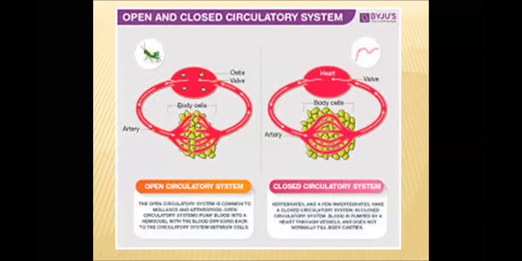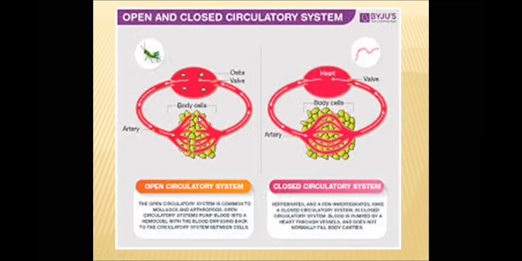If we dissect the body of an open circulatory system animal, we can clearly see the blood. But once the exchange of materials has taken place, then what happens? The blood again enters into these blood vessels. These are venules, and they are also open through holes.